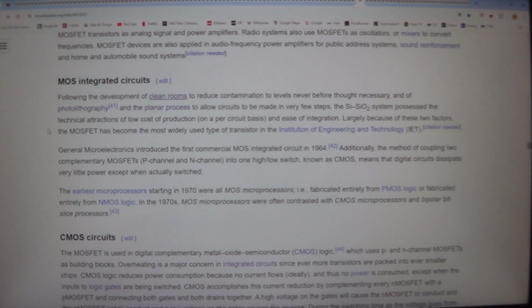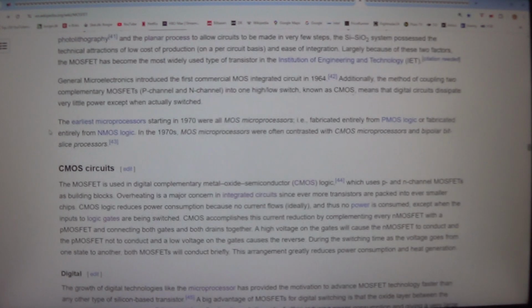General Microelectronics introduced the first commercial MOS integrated circuit in 1964. Additionally, the method of coupling two complementary MOSFETs, P-channel and N-channel, into one high-forward/low switch, known as CMOS, means that digital circuits dissipate very little power except when actually switched.